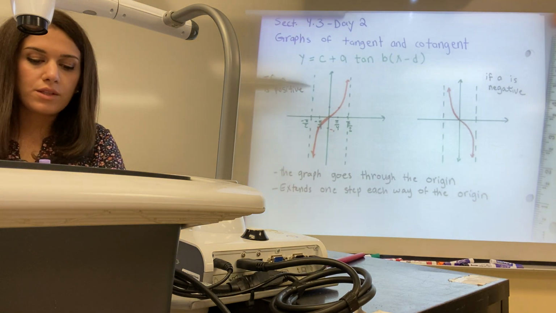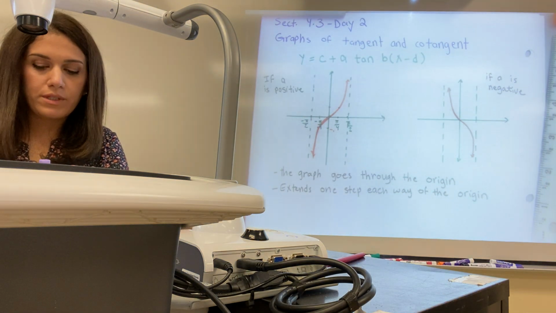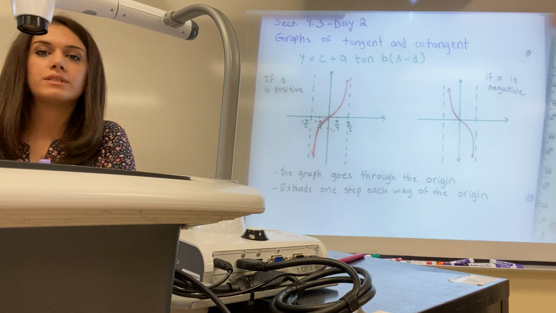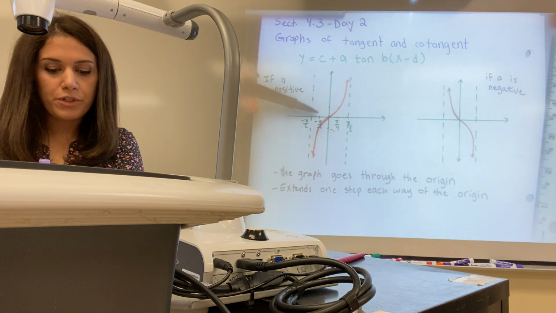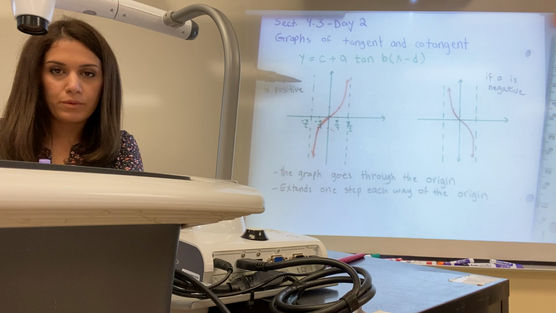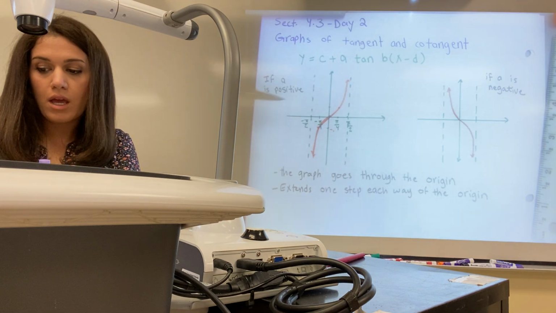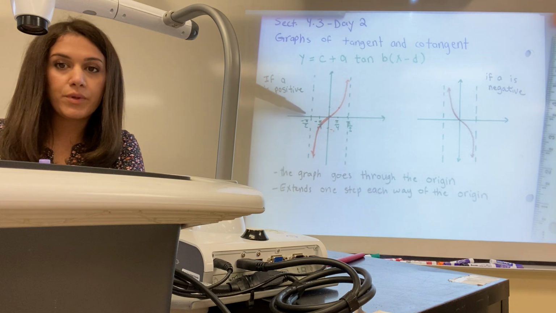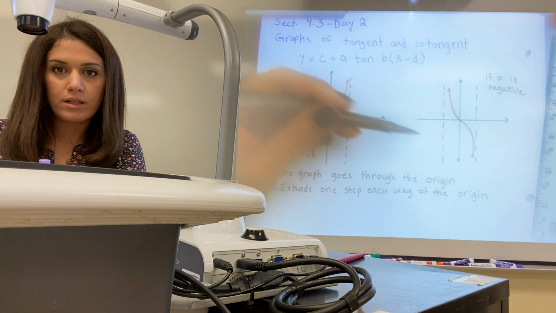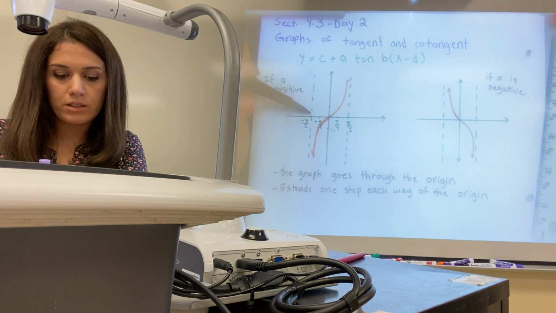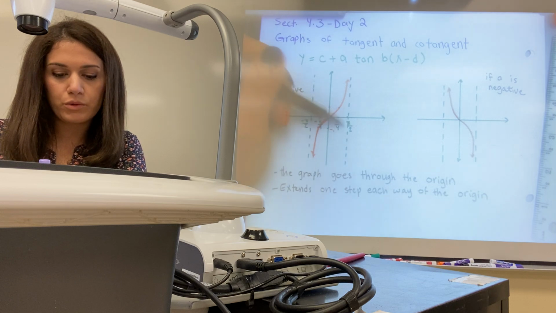So as you see, this graph is kind of different than what we've seen before with the sine and cosine. First, we don't have an amplitude like what we had with the sine and cosine, right? And the other thing is the period is 1 pi. So you see how it's from negative pi over 2 to pi over 2.